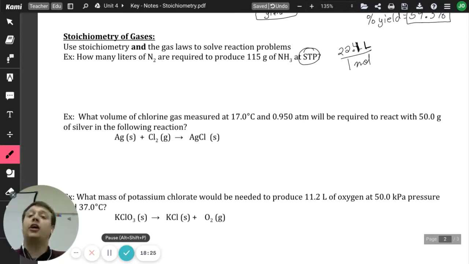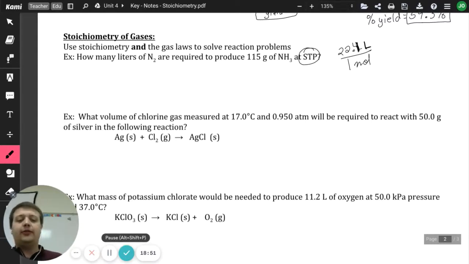When we're talking about our gas laws, if we're at STP, then we can solve for our volume using that 1 mole equals 22.4 liters. Do remember that STP is 0 degrees Celsius, which is 273 Kelvin, and 1 atmosphere. Anytime you've got those conditions. Okay, so let's go ahead and solve this problem.